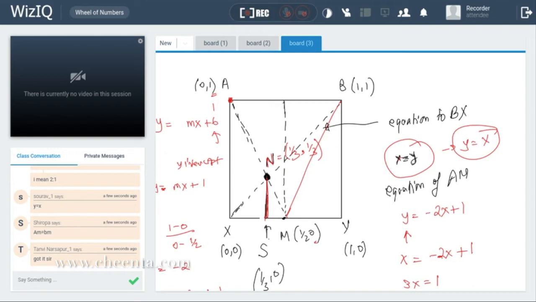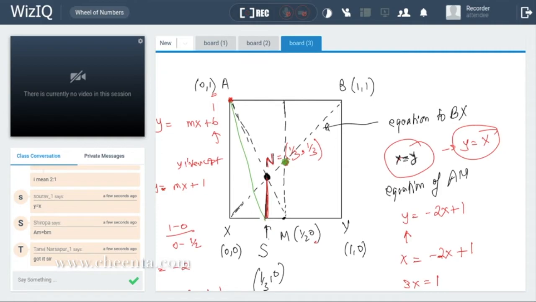If you join these, so let's mark this point as well. Okay, now let's use a different tactic. Let's join AS.